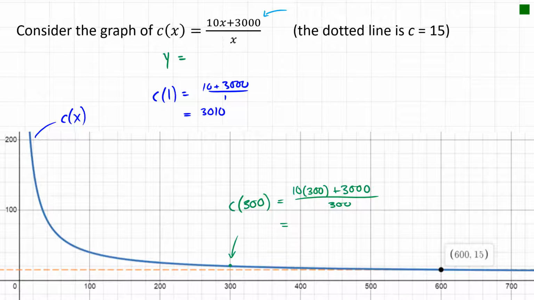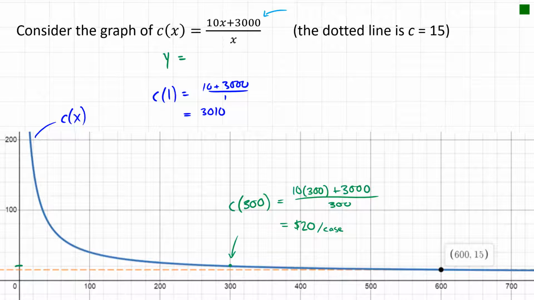Actually, maybe it's a really nice even value. I think it is. It'd be 10 times 300, which is 3,000, plus 3,000, divided by 300. So that's exactly $20 per case. And you can see that that's actually $20 exactly on the grid point.